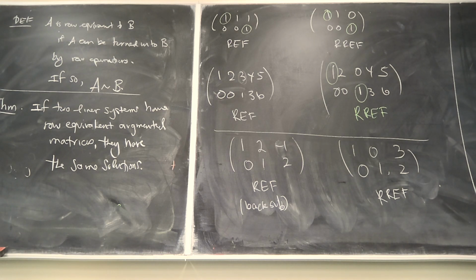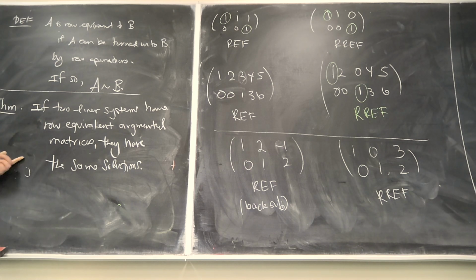Wait, so that proves this theorem? I cannot prove this theorem until I can tell you that each row operation is equivalent to multiplying by an invertible matrix. What this theorem is going to do is it's going to justify the algorithm I'm going to show you. The proof that doing the row operations doesn't change the answers, I can't actually prove until I teach you about invertible matrices.